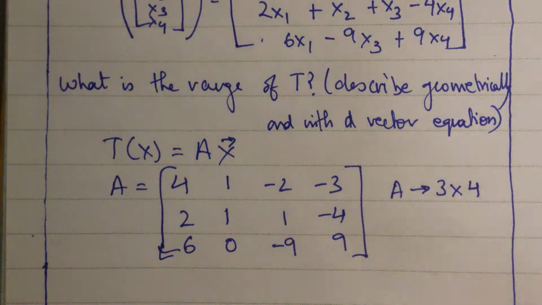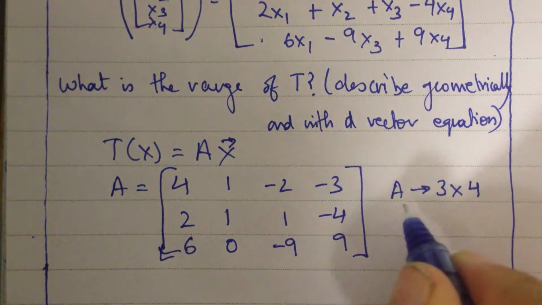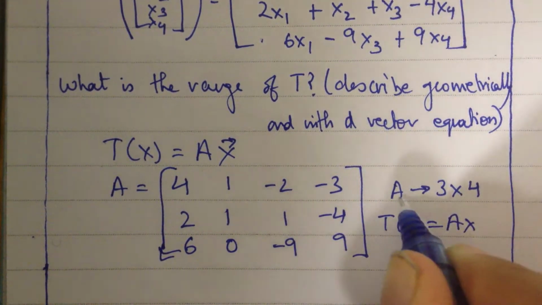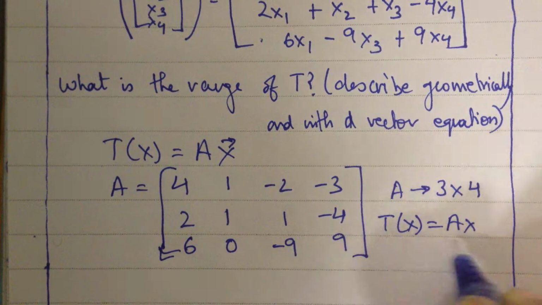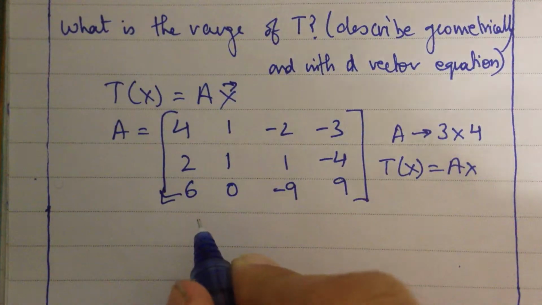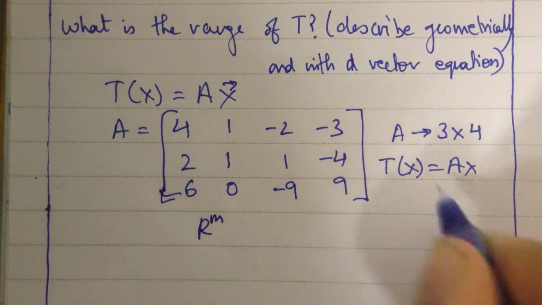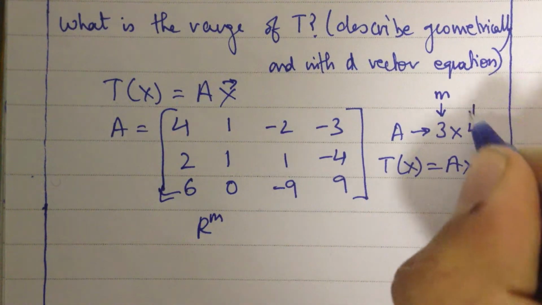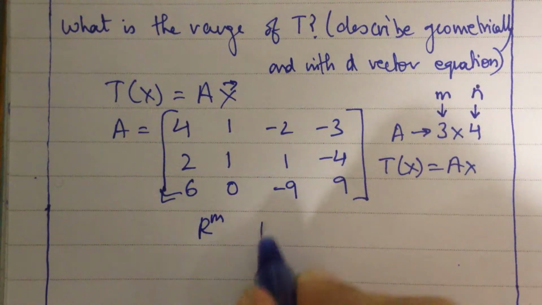So we know that whenever we have a matrix A in a linear transformation given by T(x) equal to Ax, and A is an m by n matrix, then the range of this transformation is basically in Rm. So here m is 3 and n is 4, so Rm is R3.